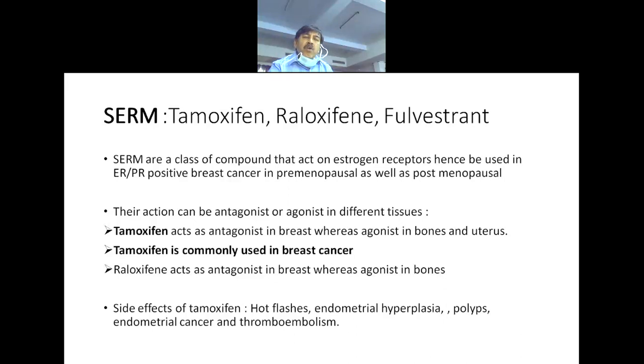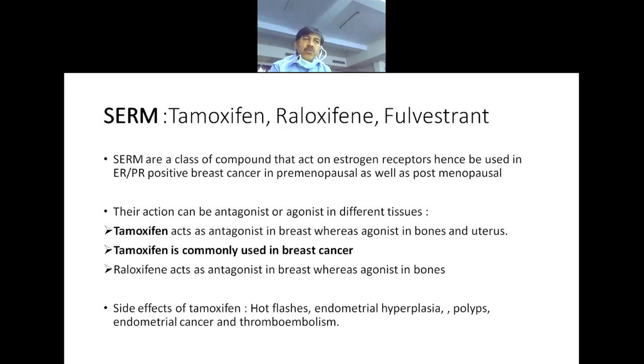For example, the commonly used drugs are tamoxifen, raloxifene. Tamoxifen is commonly used. Now this tamoxifen drug acts as an antagonist in the breast, whereas in the bones and uterus, it acts as agonist. So that is why the term is used as selective estrogen receptor modulators, because they have different mechanism in different organs.